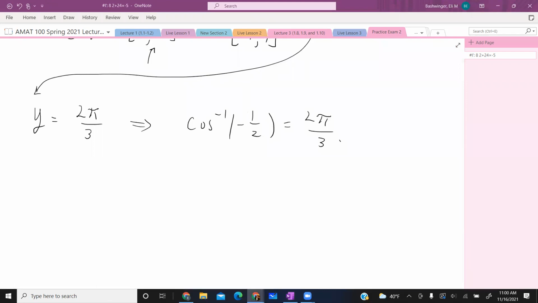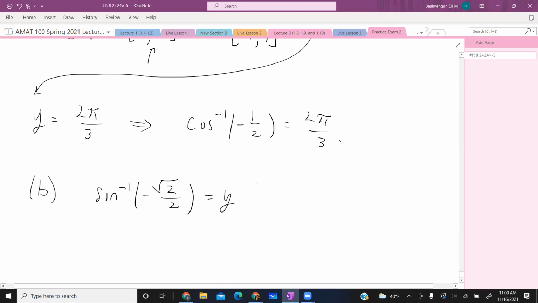All right, so that's part A. Let's do B. So now we want sine inverse of -√2 over 2, and that's going to be equal to some number. What is it? Well, it's that number such that sine of it is equal to -√2 over 2.